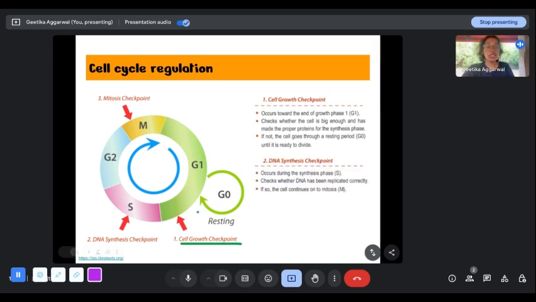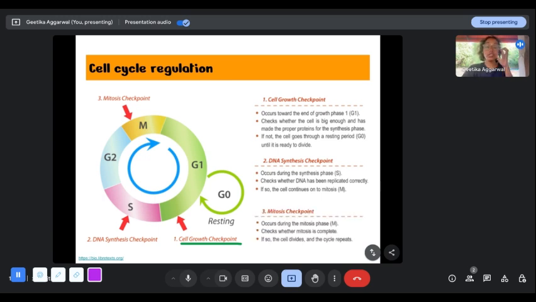Then during the synthesis phase, there is the DNA synthesis checkpoint, and as the term suggests, it checks if the DNA has been replicated properly and correctly. If so, the cell continues into the mitosis phase, and then comes the mitosis checkpoint.